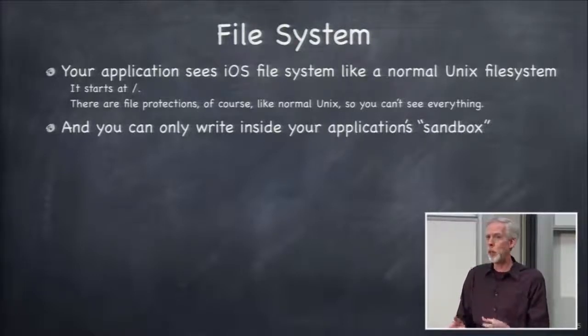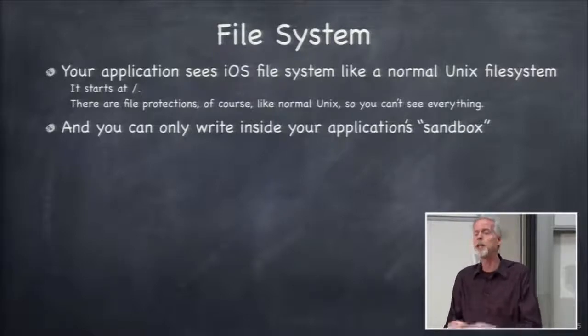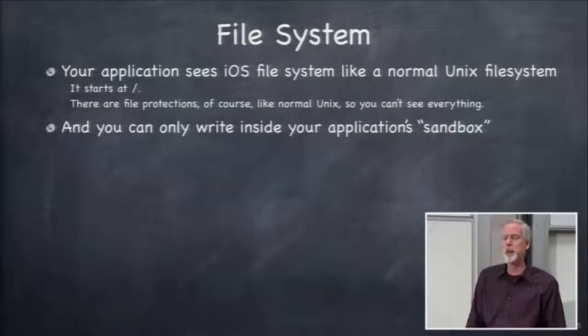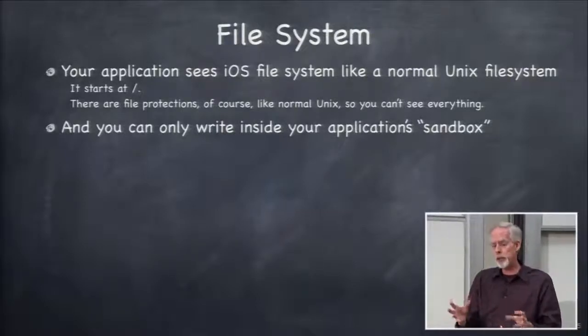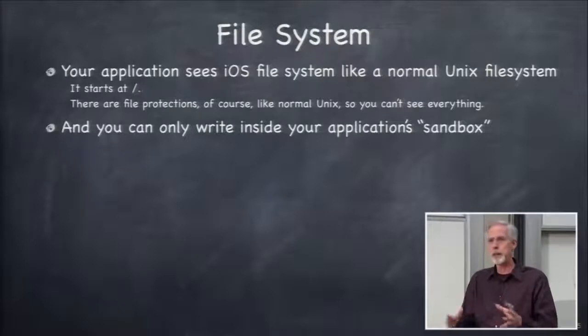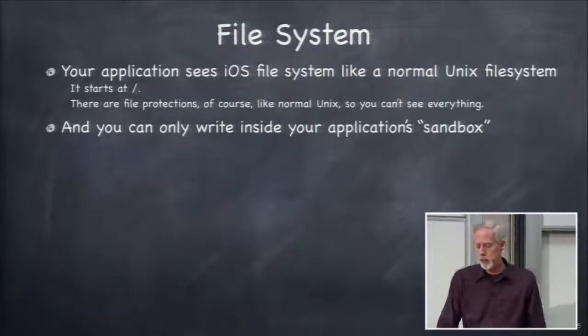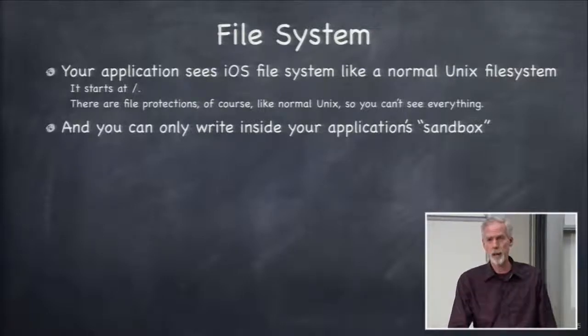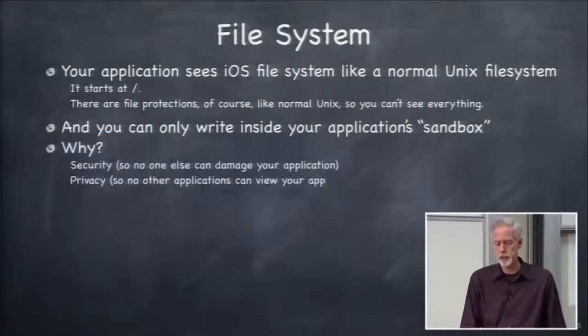Some places in your own sandbox you can't even write, like the place where your actual application is, so you can't modify your own code. But many of the subdirectories of your sandbox you can write in. This is the place where you're going to write, and you can read everything in your sandbox. We'll talk about how you get a URL into your sandbox in a second.